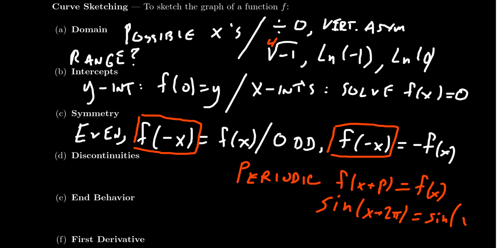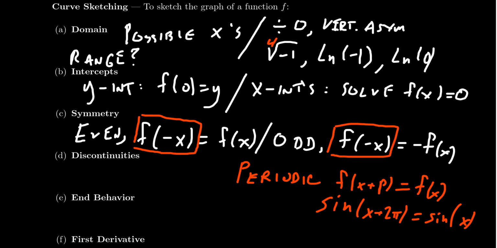Adding 2 pi to the angle doesn't make any difference whatsoever. So trig functions are periodic, and those are the types of periodic behavior we'll be really interested in. There's really not going to be other types of periodic functions here, but that is a type of symmetry I would like to mention.